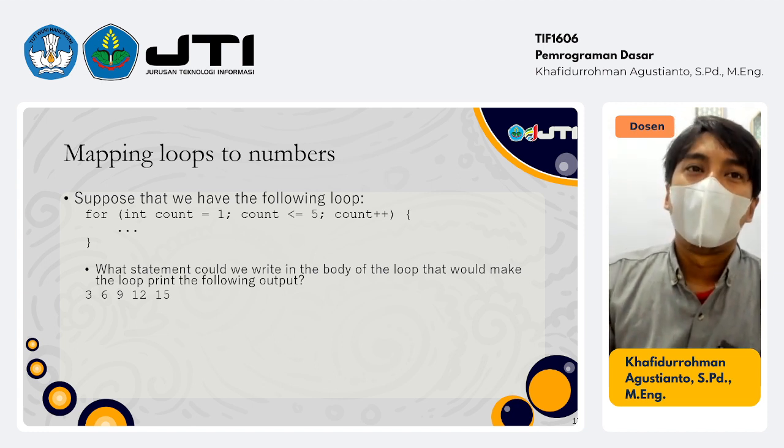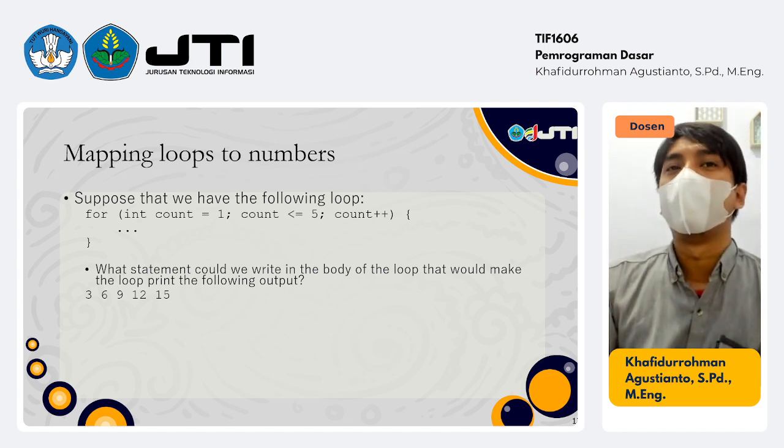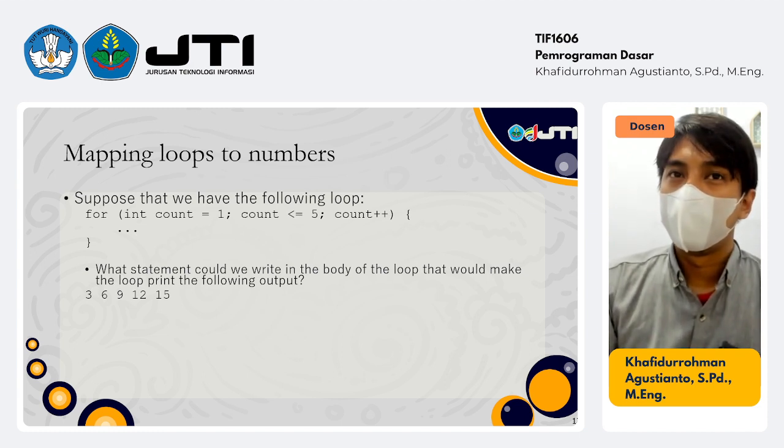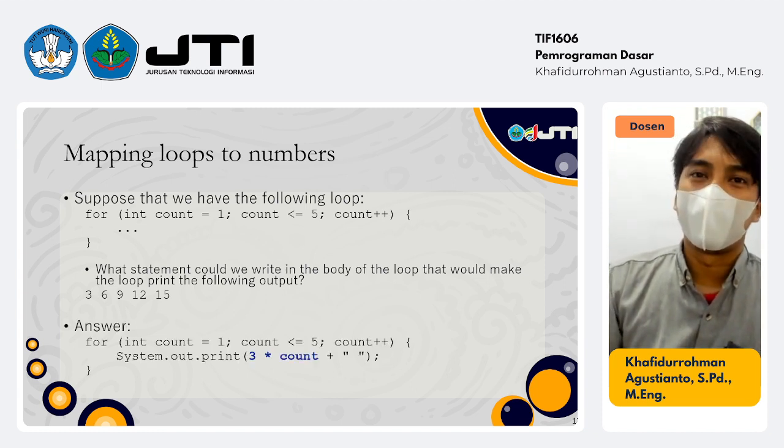What statement could be written in the body of the loop that would make the loop print the following output? Just write down 3 * 1, 3 * 2, 3 * 3, etc. Yes, correct.